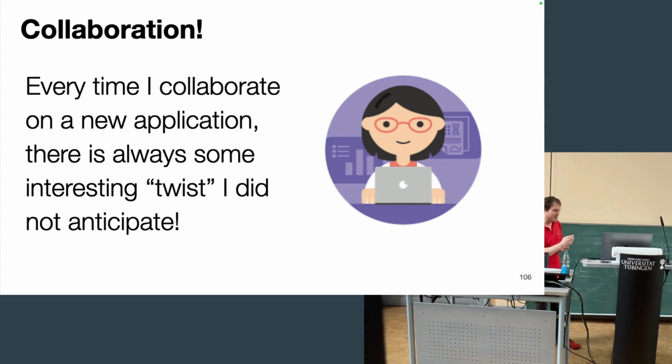It is very rarely the case that some off-the-shelf algorithm is actually truly what they want. Maybe there's some difference in the utility function, or there's some constraint that I didn't anticipate. And I think there's a lot of room, it's a big investment, but a lot of room in terms of identifying interesting twists that can then lead to novel research contributions.